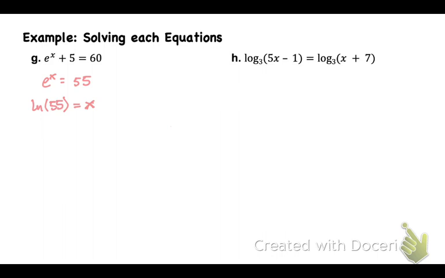Or isn't it just one to one? Oh, because log base 3. Yeah. So just 5x minus 1 equals x plus 7. So 4x equals 8 and x equals 2.